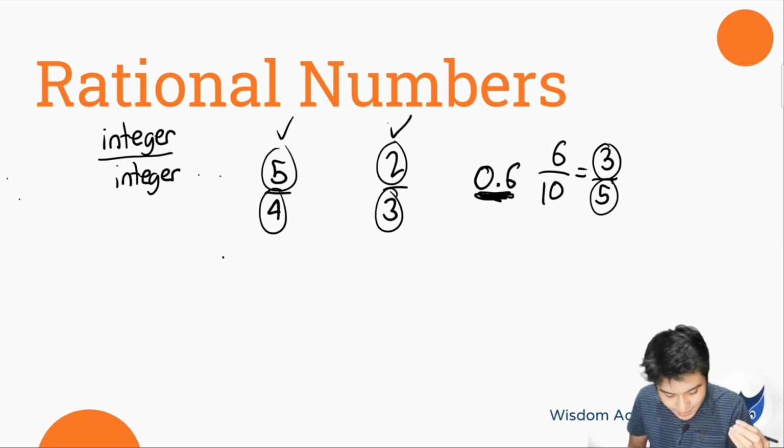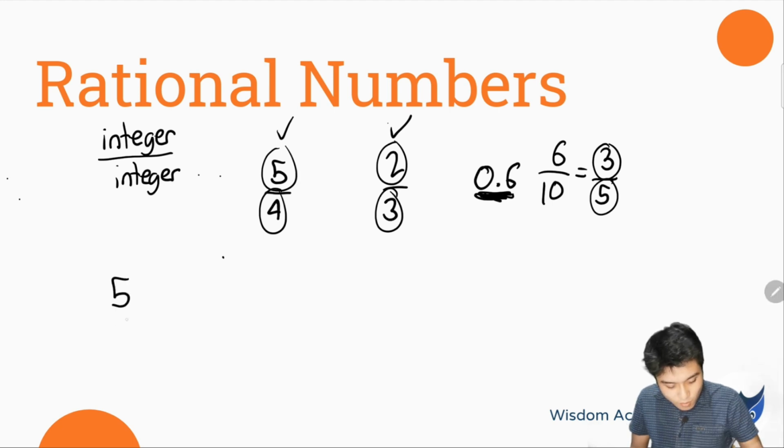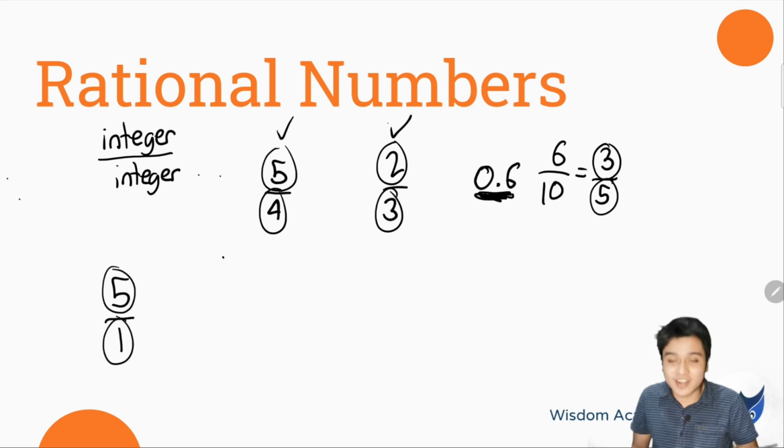Paano kapag 5 over 1? So, as you can see, this is an integer, therefore, this is a rational number. So, ano yung 5 over 1? Kung mapapansin mo, yung 5 over 1, pag sinimplify mo yan, 5. Any number divided by 1 is the same number. So, 5 divided by 1 is also 5.